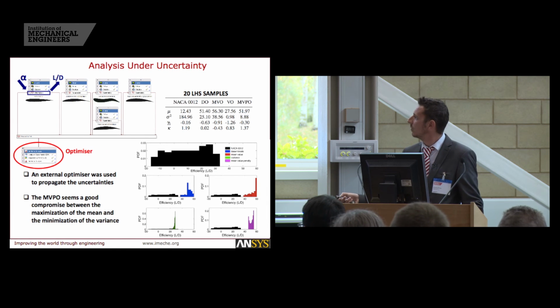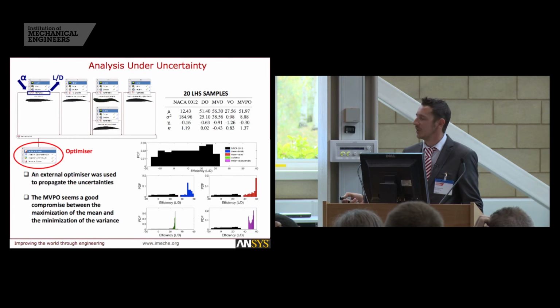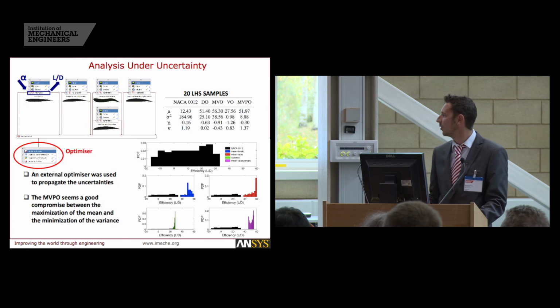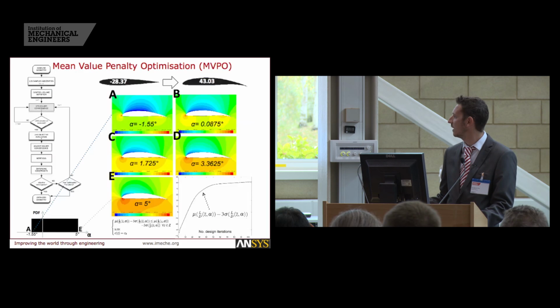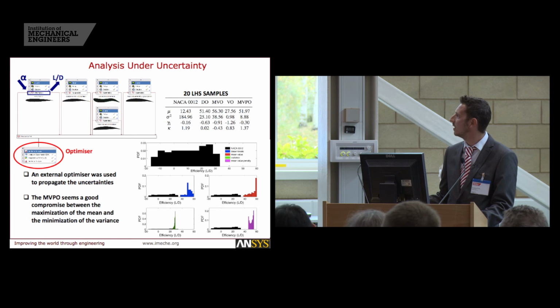So we can see these ones are still quite peaky. We still have quite a high peak. We're trying to reduce that, particularly this one, the green one, with the variance approach. But we decided that this one with the mean value penalty was an optimum approach which pushes all the values in terms of the mean values over to the right-hand side to increase the lift-drag ratio, but also the variance is relatively small as well.